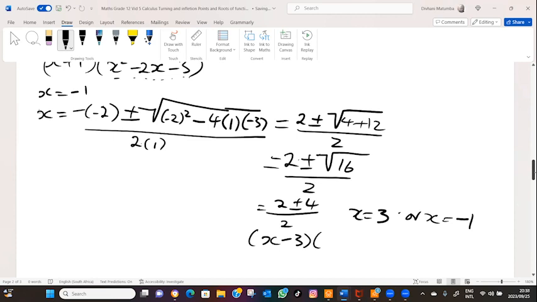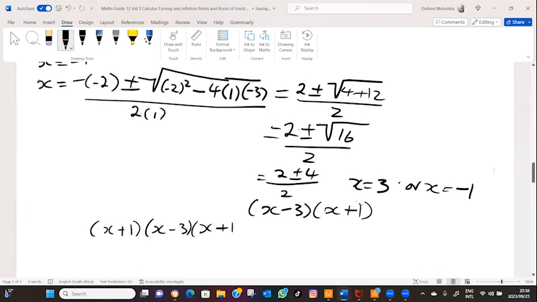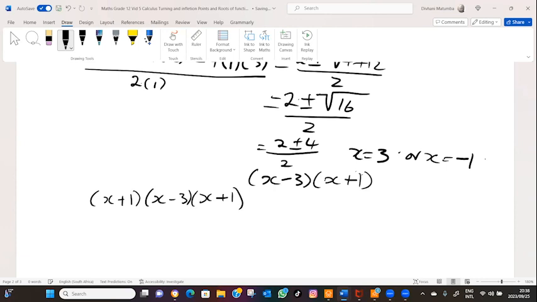If you take minus 1 to the other side, it will be x plus 1, sorry. So these are all the factors that we have: x plus 1. This is your f of x, which can also be written as x plus 1 squared times x minus 3.